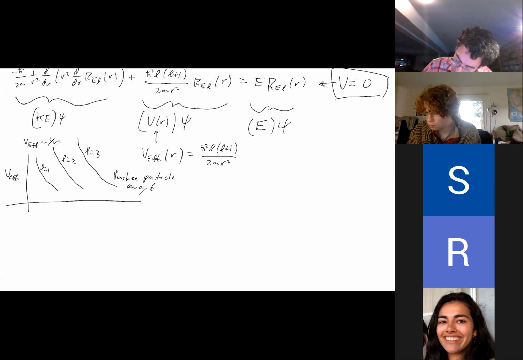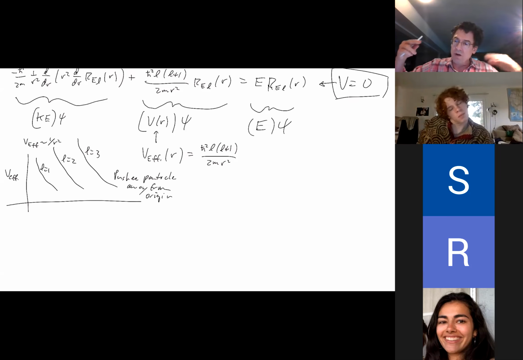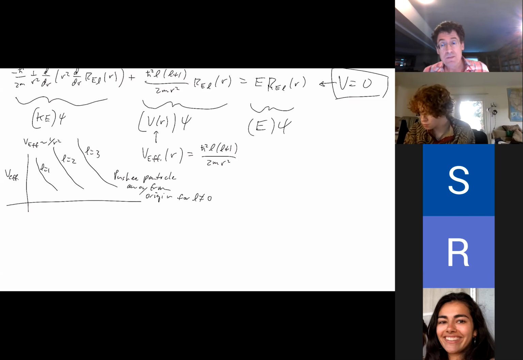This is a very important insight for you to realize: even though it's a free particle, if the particle has angular momentum, then it doesn't like to go to the origin. And that should not be mysterious.